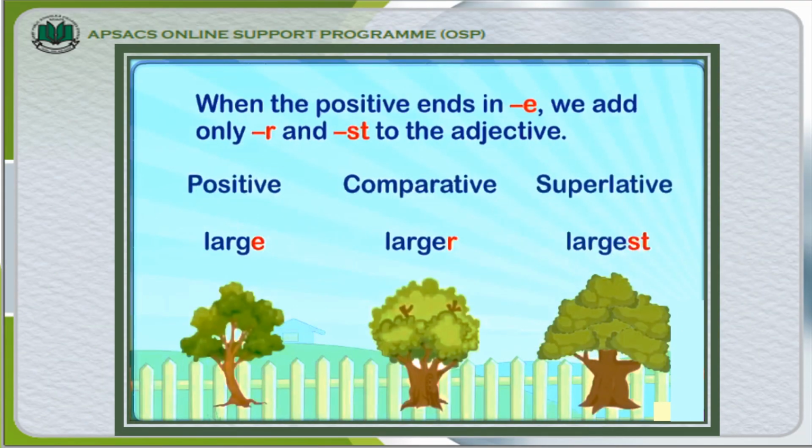When the positive ends in E, we add only R and ST to the adjective. For example, if an adjective is large, it ends in E. So the comparative will be larger and superlative will be largest.